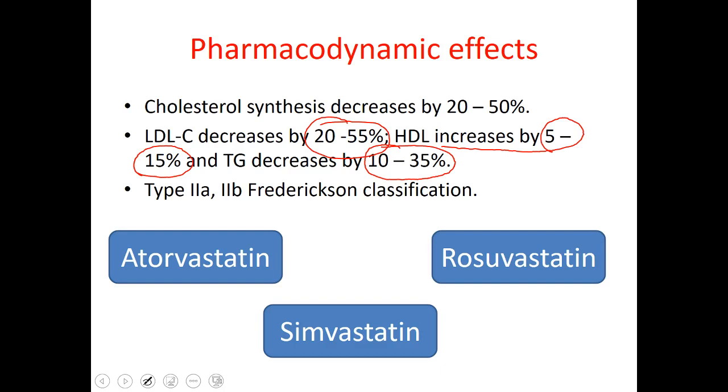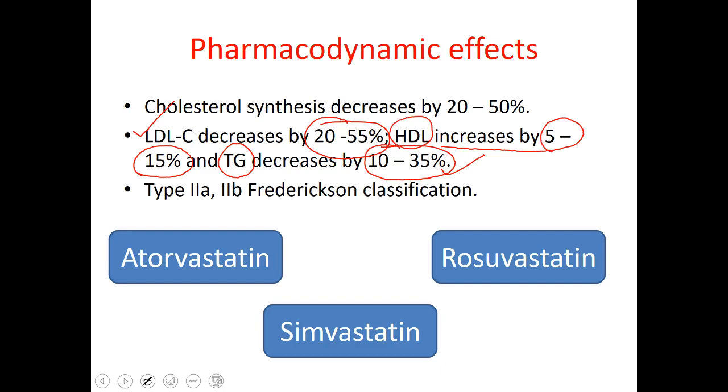So, basically statins are very good if a patient has increased LDL. Most often it would be a mixed type of hyperlipidemia, where along with LDL they may also have increased triglycerides. So, statins could help in controlling both. With regard to HDL, statins have a modest effect.